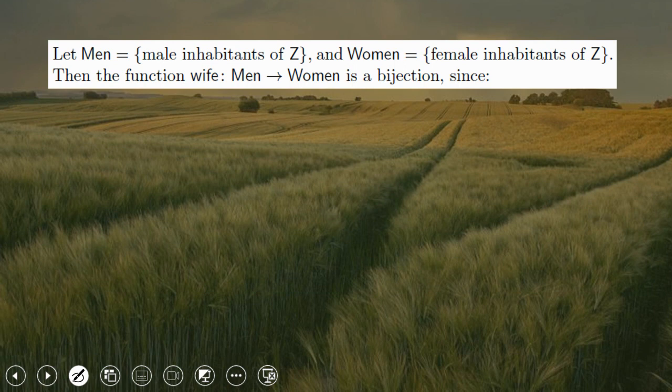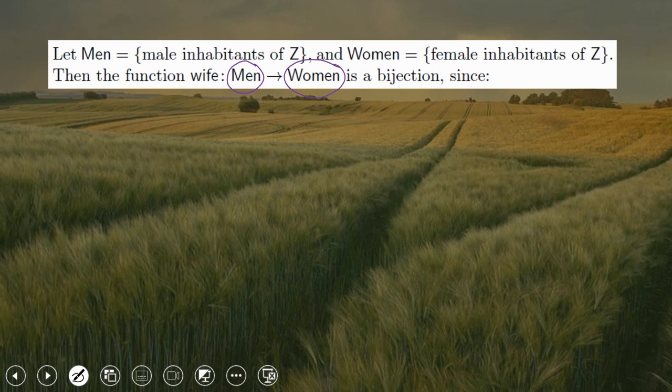We're going to let men equal the male inhabitants of Z and women equal the female inhabitants of Z. Then the wife function maps every man to his wife. So the set of men would be the domain. The set of women is the codomain.